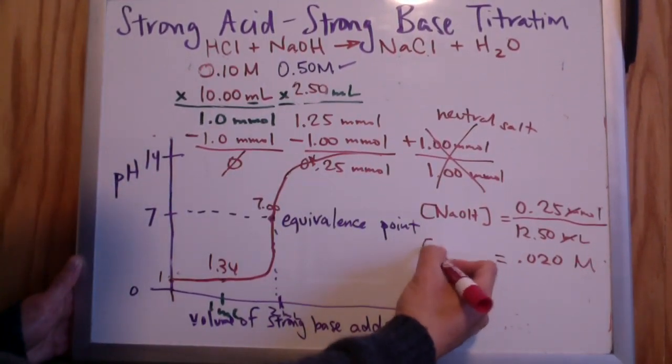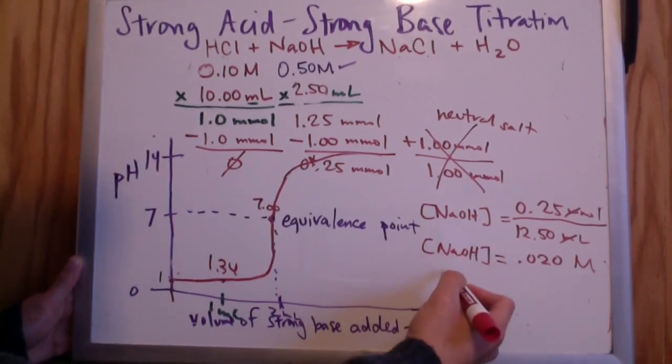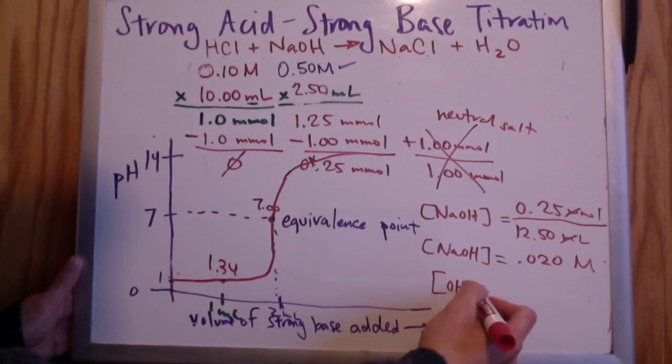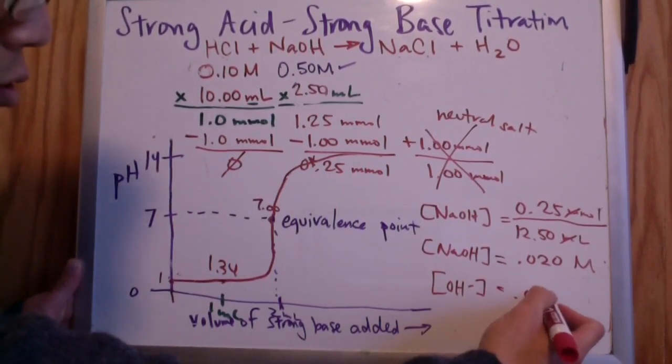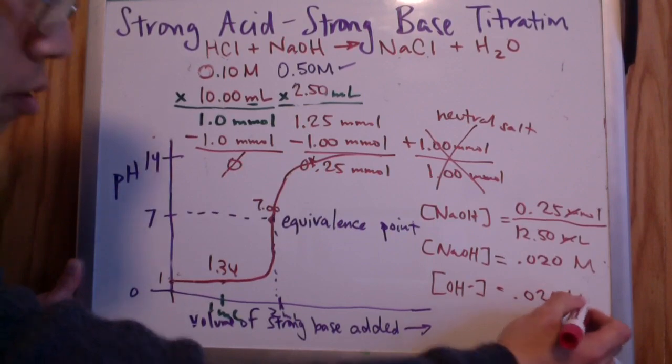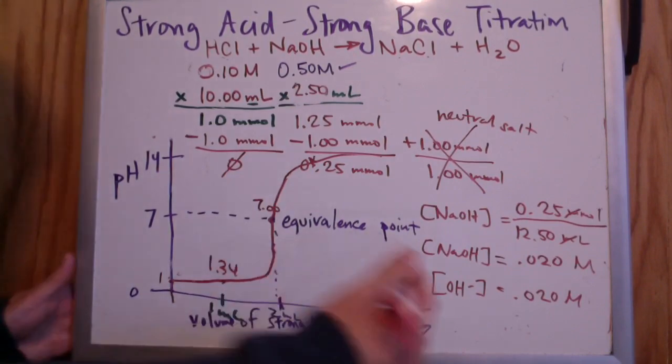Just like we figured out before, the sodium hydroxide is a strong base, so it'll fully dissociate into the hydroxide in a 1-to-1 mole ratio. So hydroxide will also be 0.020 molar. The last move is then we need to find the pOH and then the pH.